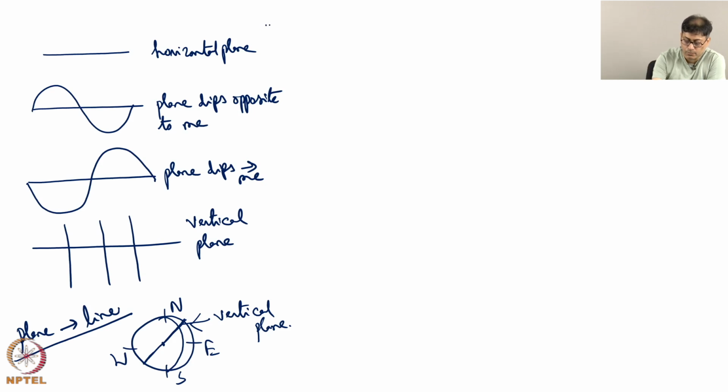I repeat, all these things whatever I have said are true when we are dealing with a vertical drill core. If the drill core is inclined, what kinds of curves can be produced and how can they be interpreted?